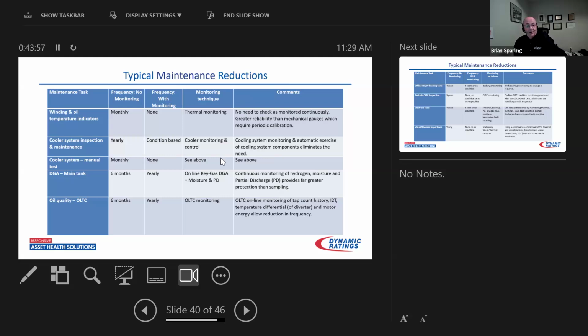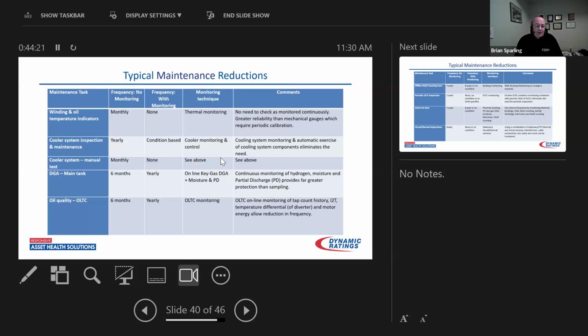Cooler system inspection used to be yearly, perhaps. Now it's condition-based, because the ETM can monitor the cooling control, and any components that begin to go, any fan motors that start to fail, can be detected by watching the motor current drawn by the fans and or pumps.